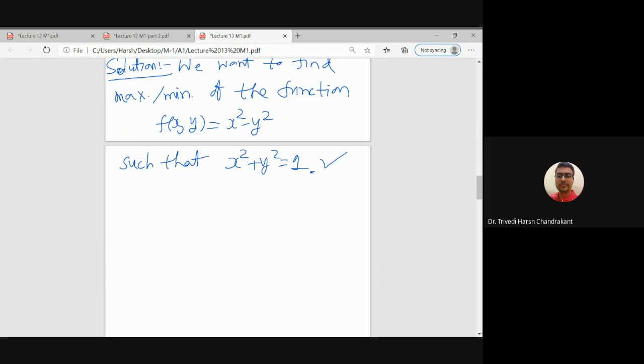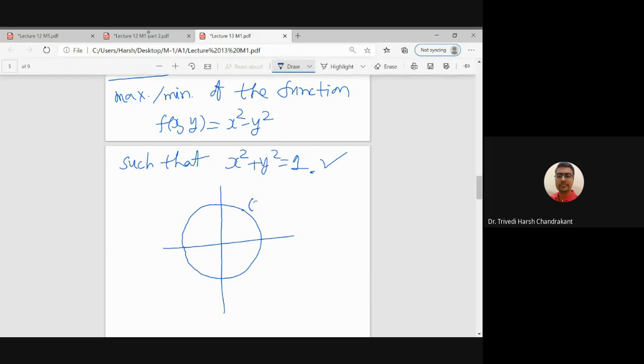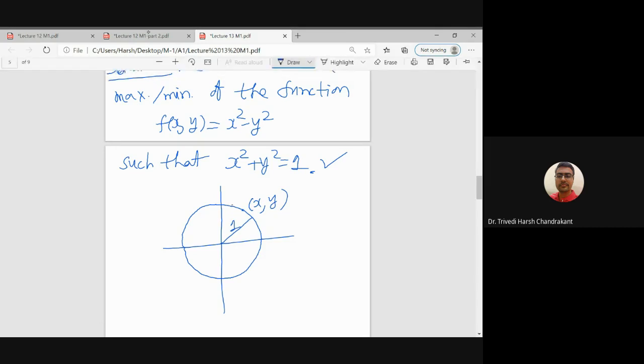We are only finding the maximum and minimum value of the function on the unit circle. Whenever I choose a point xy on the unit circle, for all these points I evaluate f. Then for those points, what is the maximum and minimum value of the function? That is the question.